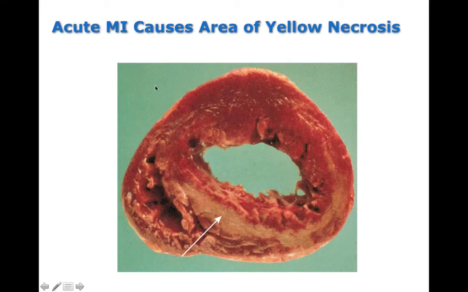If we look at a cross-section of the heart, you can see this little local area of myocardial infarct, or basically dead heart muscle. You can see it's kind of yellow here from the necrosis, and this is consistent with the fact that there's less blood flow and death of these cells. Now, if this were survivable, which this one probably wasn't because it's encompassing a pretty large part of the left ventricle, which you need to pump to the systemic circuit.